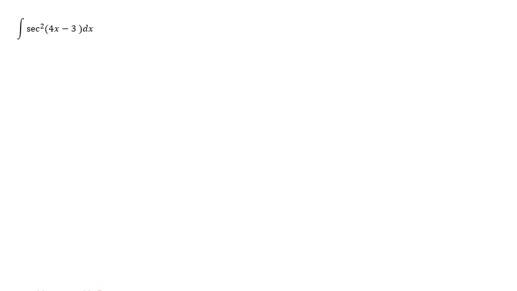Now here, I have integration of secant squared quantity 4x minus 3 dx. With this example, we don't have a basic formula again, but if we will try to check, if I will let this angle here as my u, I'll let u be equal to 4x minus 3, and du is equal to 4 dx.